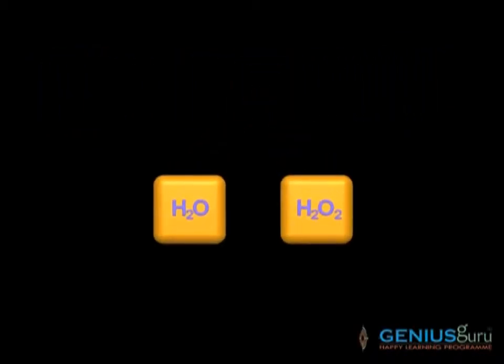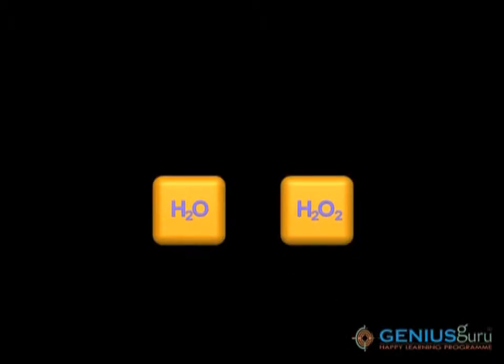We come to another example. If you take hydrogen and oxygen, they combine with each other to form two oxides. One is H2O, which is water, and the other is H2O2, which is hydrogen peroxide. These are the two stable oxides formed by hydrogen. The ratio of the elements in H2O is 2:16. In H2O2, the ratio is 2:32.